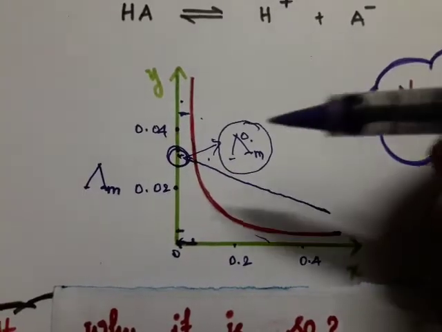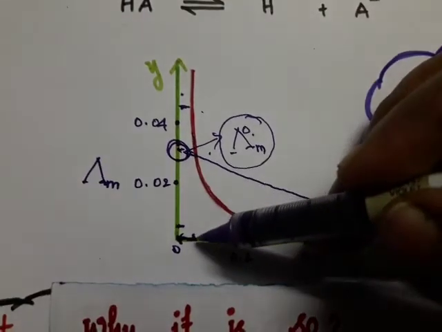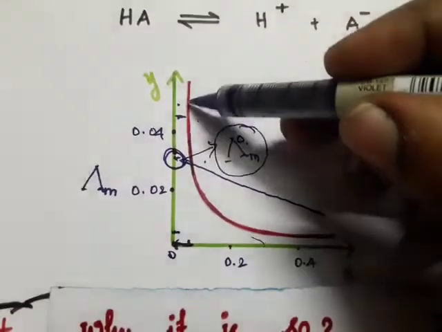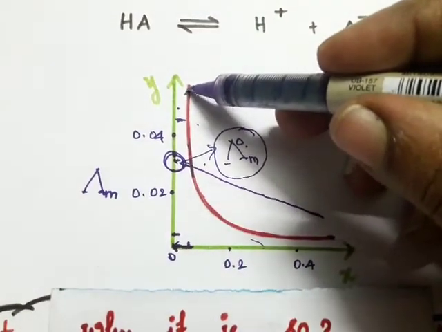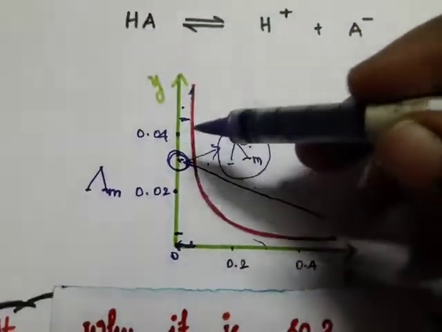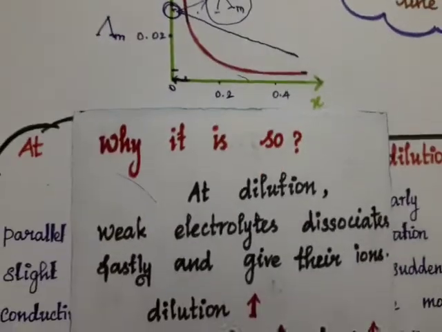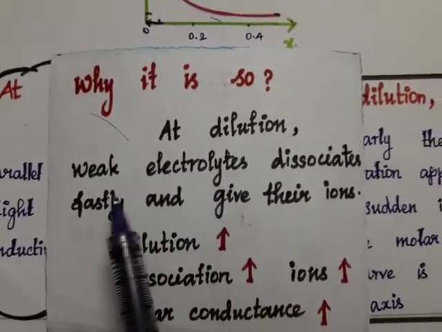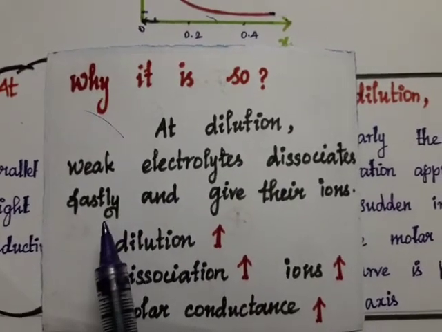Now I will ask you one question. At low concentration, why is there a sudden increase in the molar conductance? Because at dilution, weak electrolytes dissociate fast.